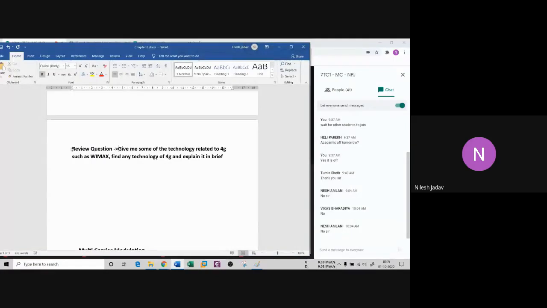Clear with the question? What you need to do? You need to find a technology of fourth generation, such as WiMAX. I already covered that. No issue if someone takes WiMAX and explains it to me in a better way. But you need to find a technology related to the fourth generation and then explain to me the working, or maybe a brief introduction of that technology.